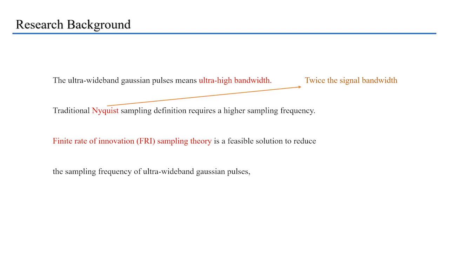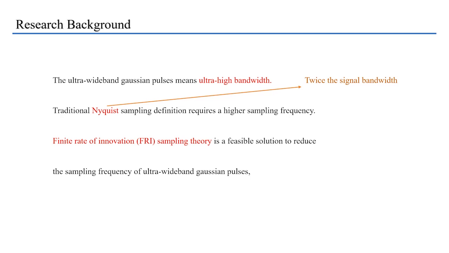So sampling an ultra-wideband signal requires a very high sampling frequency, which is difficult to achieve. In order to effectively reduce the sampling frequency of the signal and restore the original signal, many researchers have carried out a series of research on sub-Nyquist sampling methods.